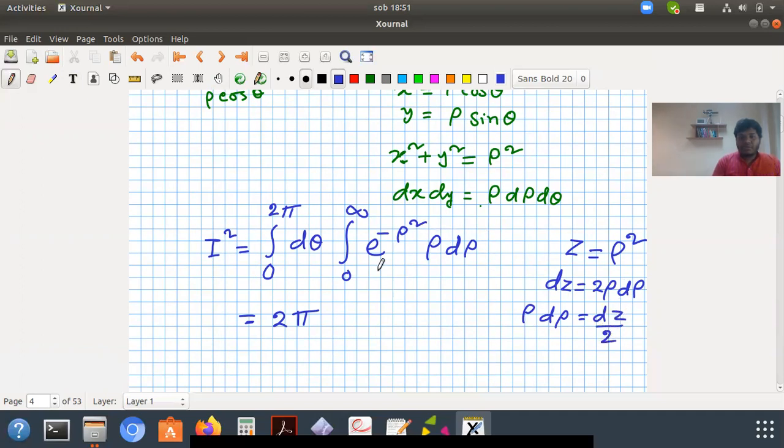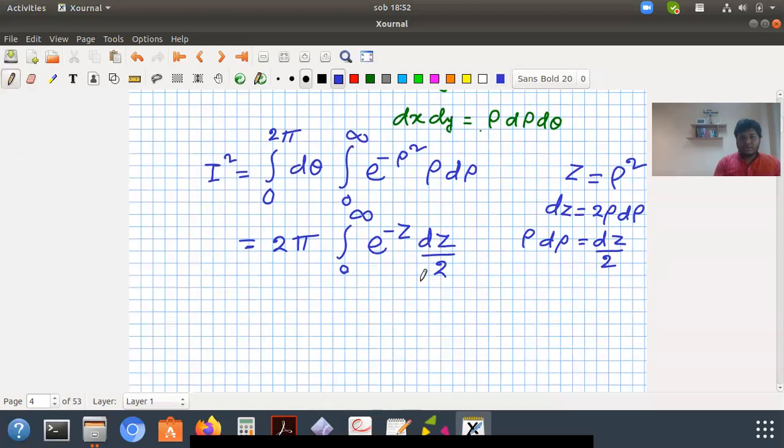This will be the integral from 0 to infinity of e to the power minus z, dz over 2. These two and these two will cancel, so it will be pi times the integral from 0 to infinity of e to the power minus z dz.